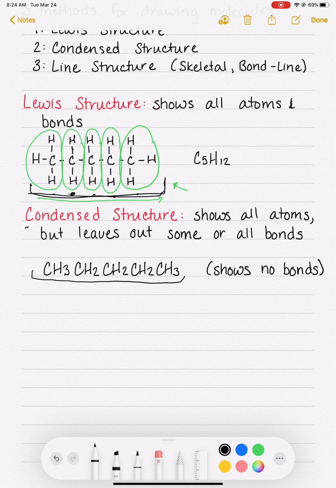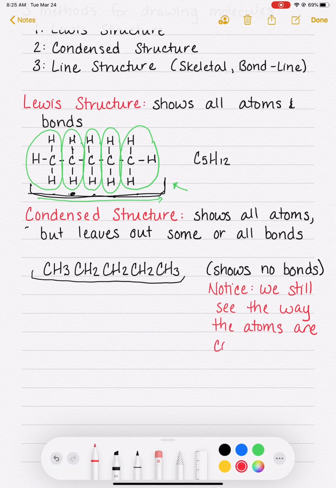But notice that the condensed structure still shows us how the atoms are connected. So even though a condensed structure might kind of look like a molecular formula, C5H12 is the molecular formula.